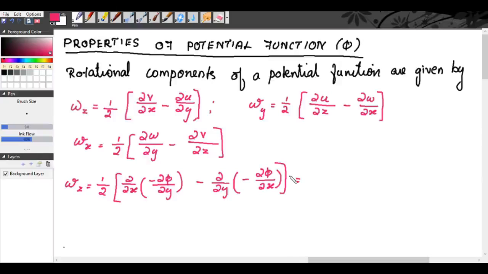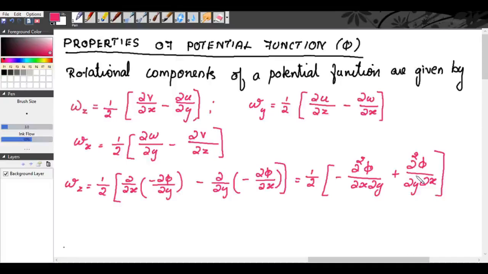So what we get is half of minus dou square pi by dou x dou y plus dou square pi by dou y dou x.